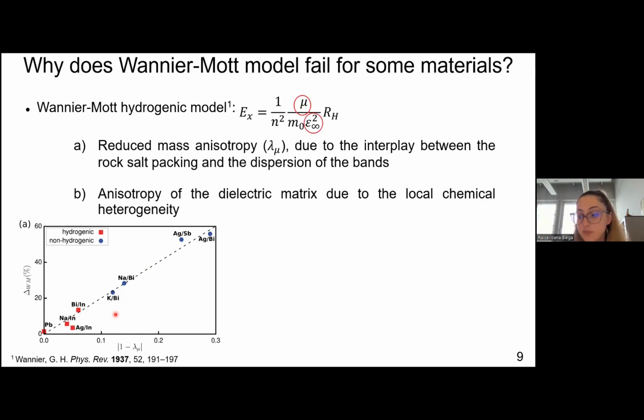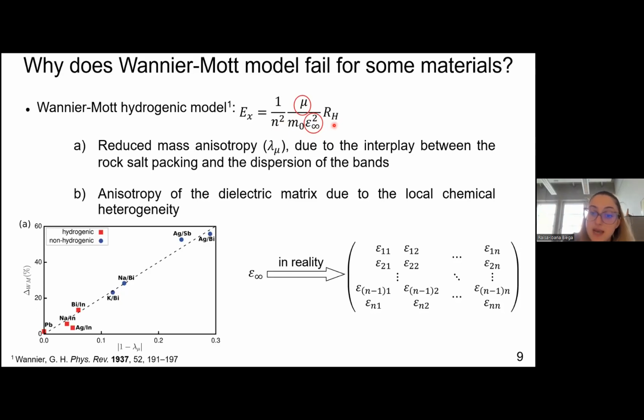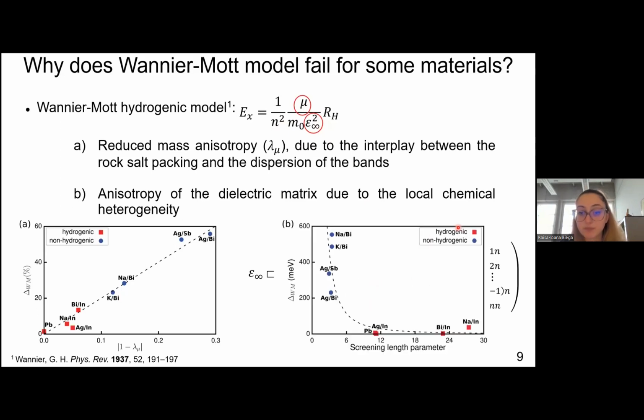The next quantity that we have to look into is the dielectric constant, and in the Wannier-Mott formula it is assumed that the dielectric screening is constant in space, but this is not true for the double perovskites. In reality, this is not a constant, but it's really a matrix.